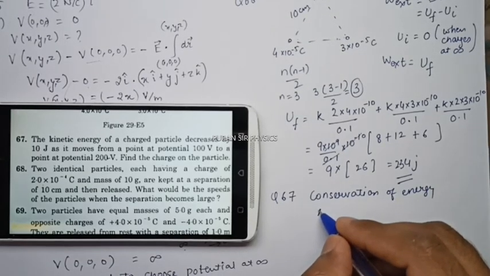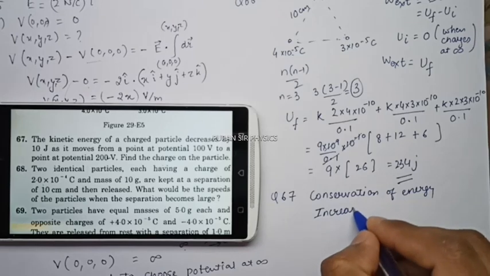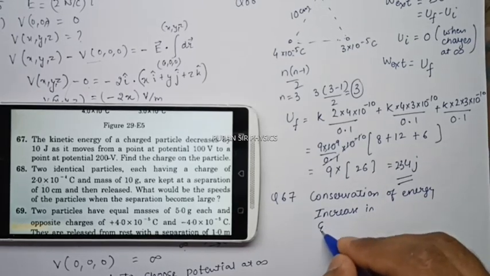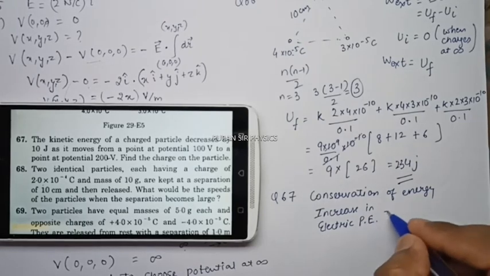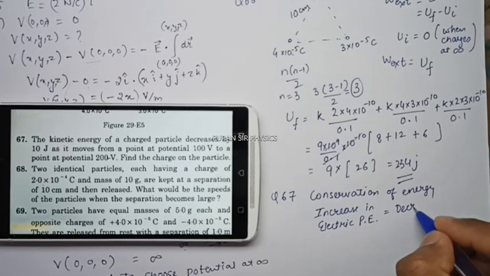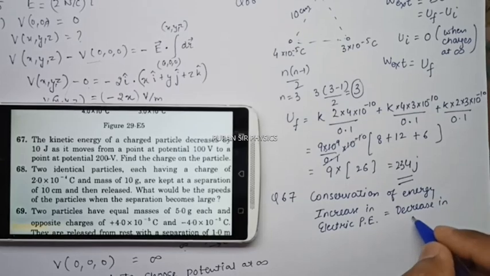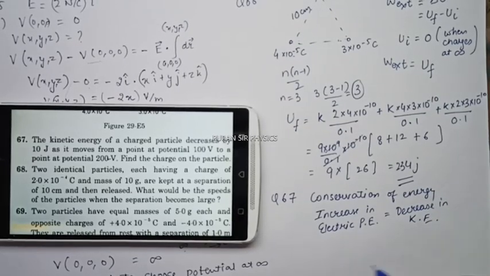So the increase in electric potential energy is equal to the decrease in kinetic energy.